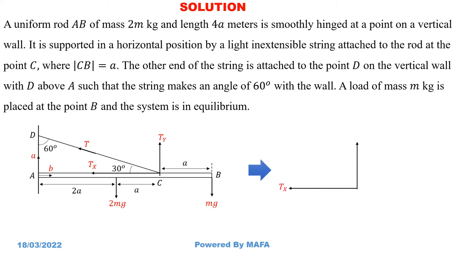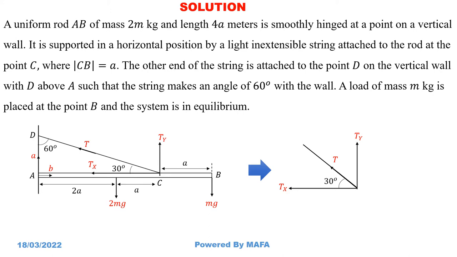Now let's try to look for the components of the tension vertically and horizontally. Alright, so we have the angle of 30 degrees that the tension, or the string, makes with the rod.